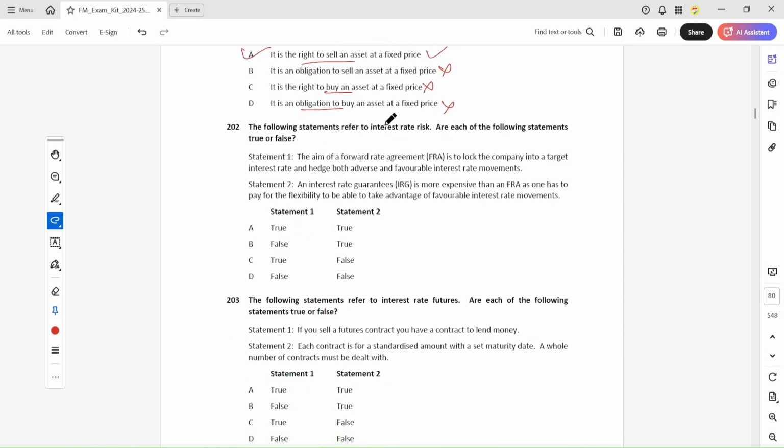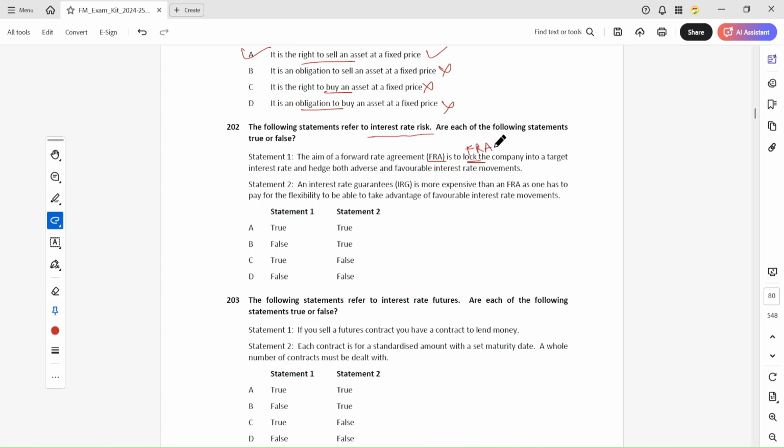Okay. The following statements refer to interest rate risk. Are each of the following statements true or false? The aim of a forward rate agreement is to lock companies into a target interest rate. Lock, yes.